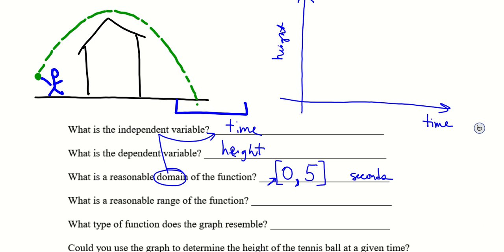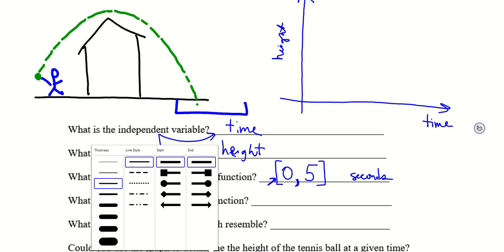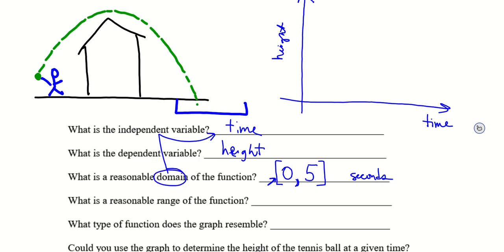If we want to identify the range of our function, that range refers to our dependent variable, which is height. So we want to think about our lowest height. Well, if we go back to this drawing, the lowest height isn't here. That's where the ball takes off, but the ball actually reaches a lower height when it lands in this swimming pool.